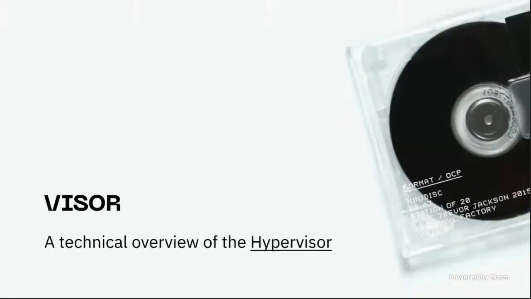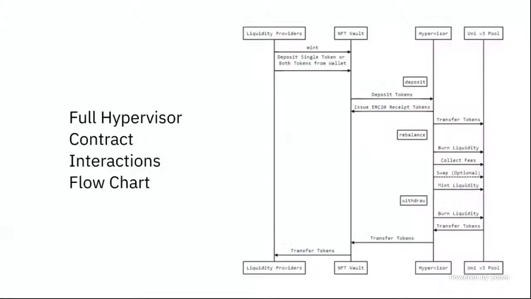So let me enter into the more technical description of our hypervisor periphery contract. I'll first describe the overall flow of the interactions that users can take with our hypervisor. Basically, if we start here, you can see what the journey looks like for liquidity providers, what we call anybody who deposits into our hypervisors.